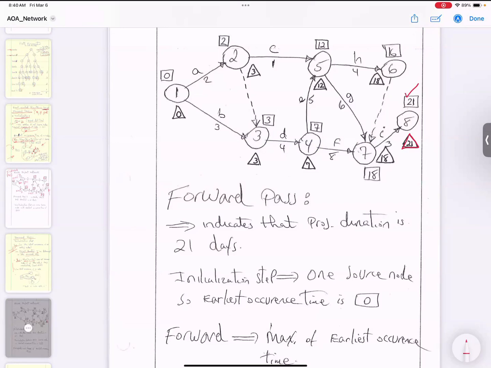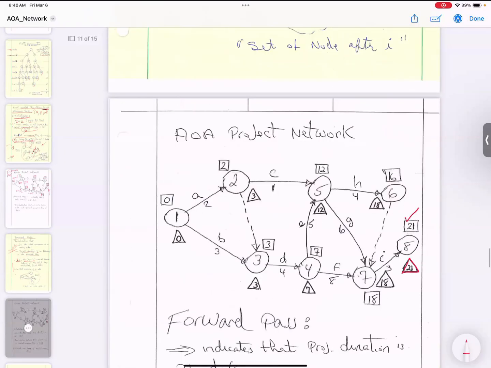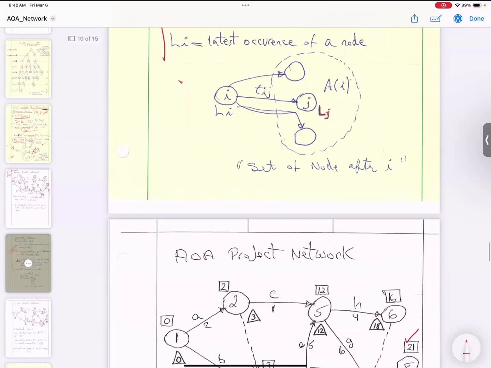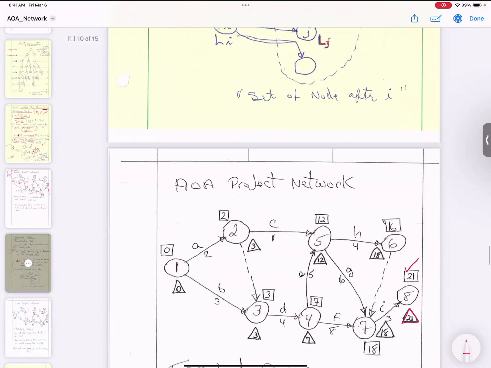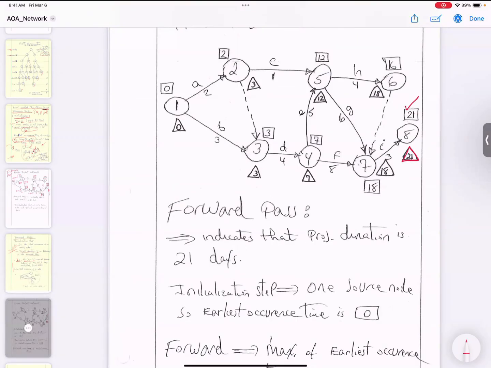Yes. Okay. Now, which node are you going to go to after node 8? You go to node 7. Based on this formula, the latest occurrence is the minimum of L sub j minus T sub ij. What is it here? 21 minus 3, 18. Yes or no? Yes. Okay.